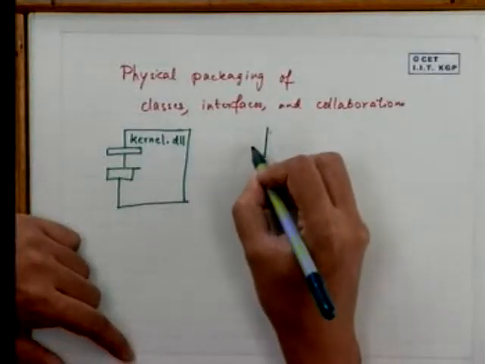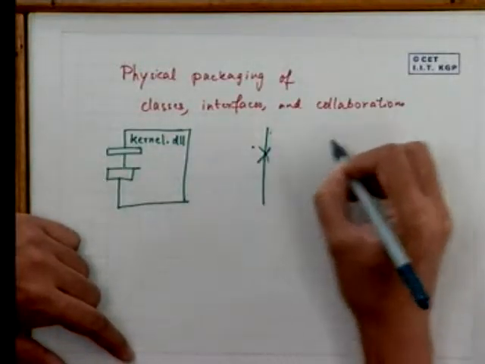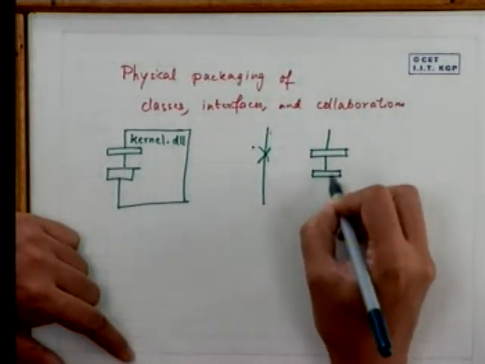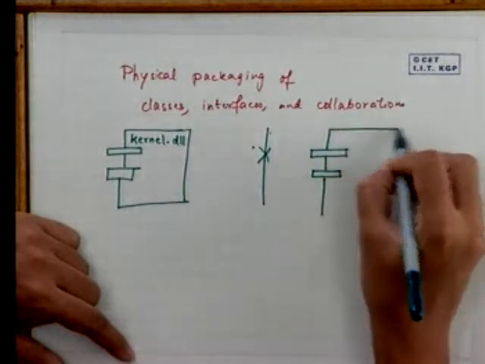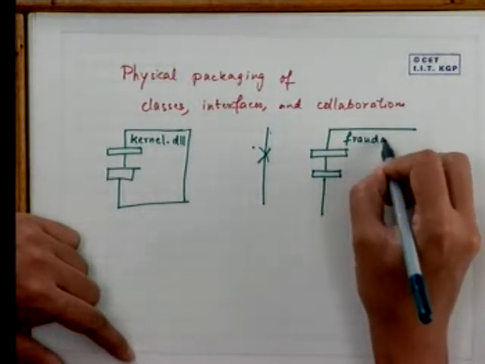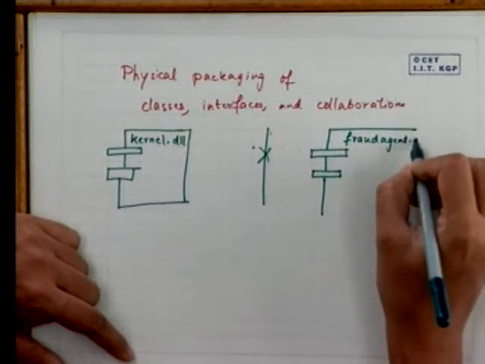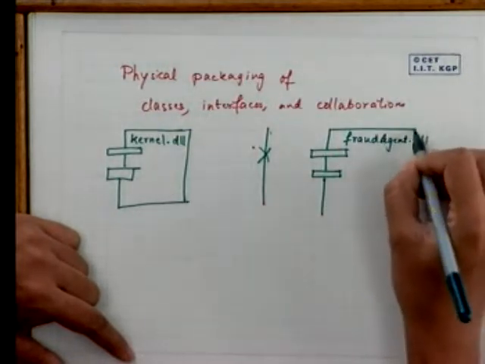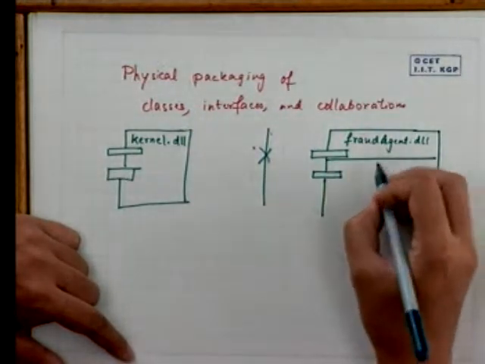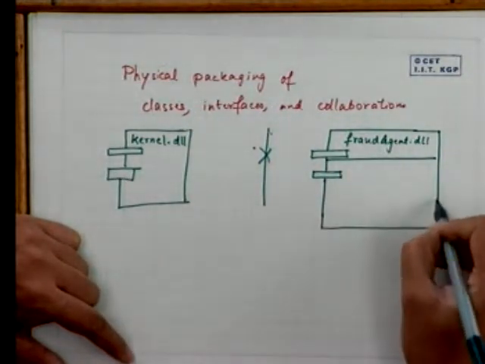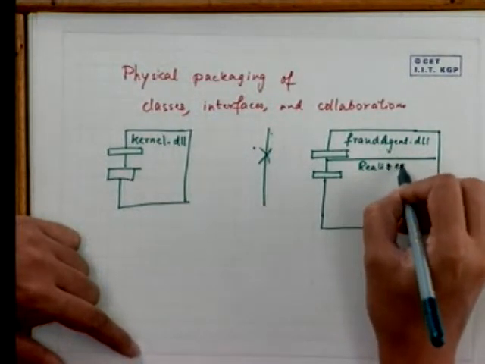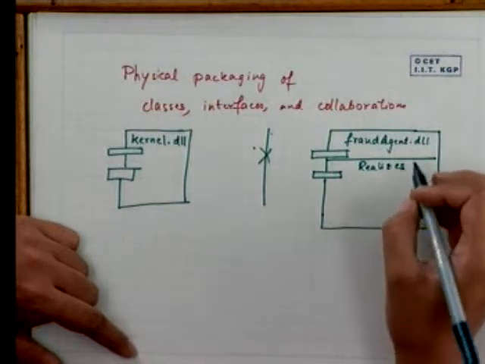For example, we have here a component whose name is fraudagent.dll, and we provide some more detail by saying that the component realizes the following interfaces.